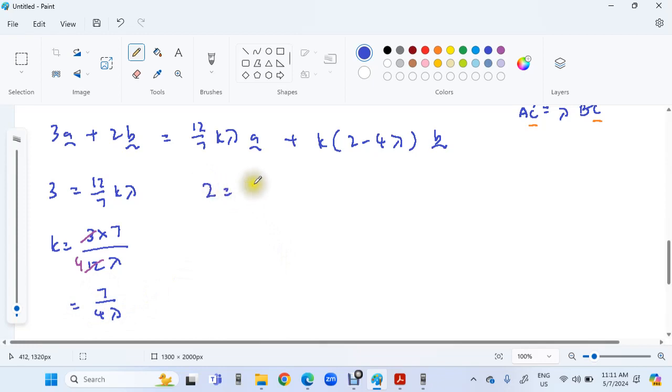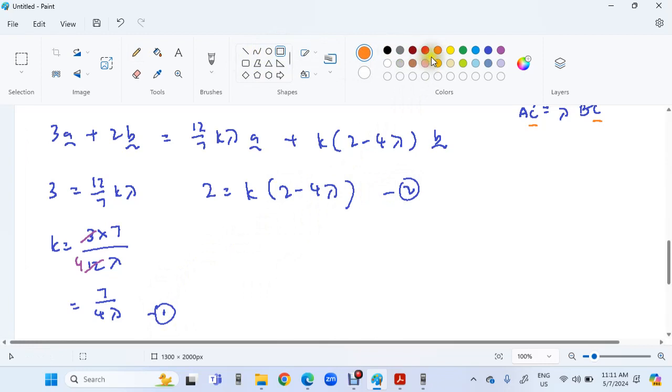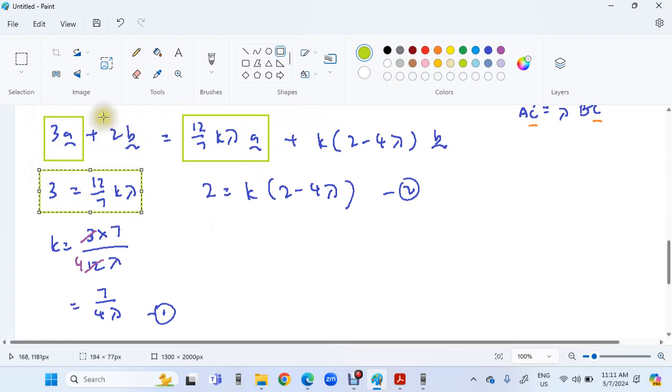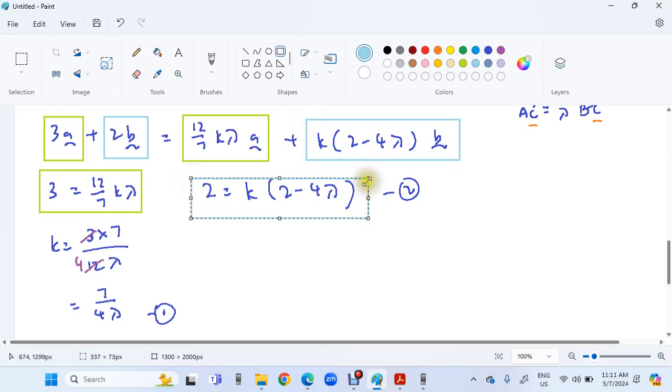So we have 2 equal to K 2 minus 4 lambda here. This is the second equation. This is the first equation. So actually we are comparing the coefficient of A, then we get this one, and we compare the coefficient for B, then we get this one. Then we solve the simultaneous equation.